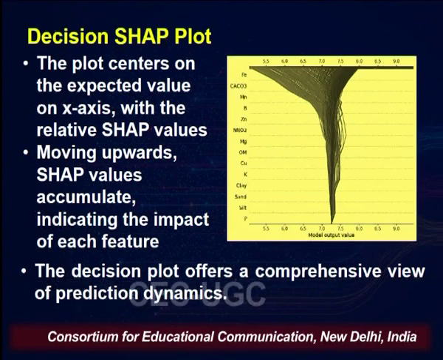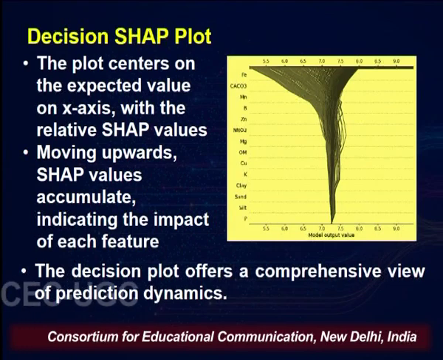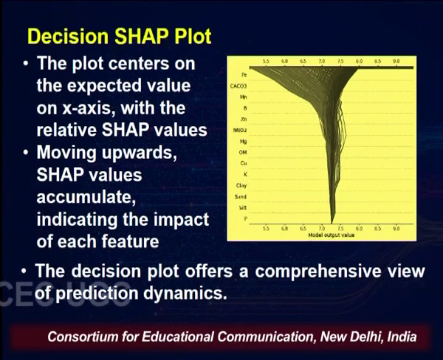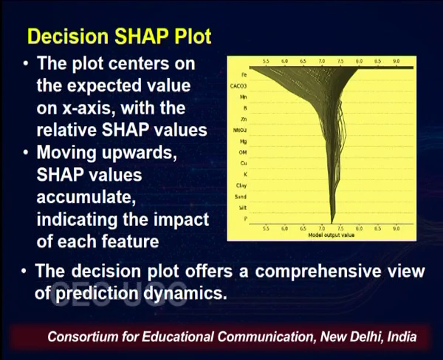Though it looks very messy, you cannot identify how a particular line is behaving in the decision SHAP plot. Later we will see how, if you want to see how a particular line is escalating from the expected value towards the predicted value, you can modify this decision SHAP plot so that it shifts from the summary mode to the instance mode.